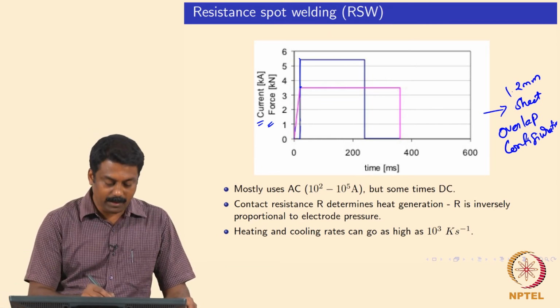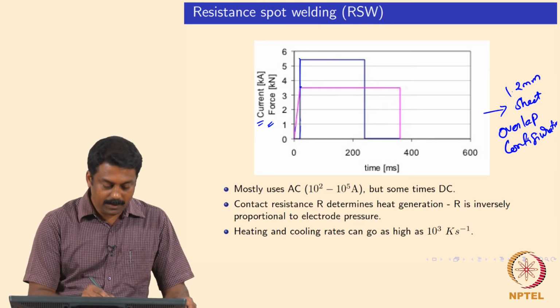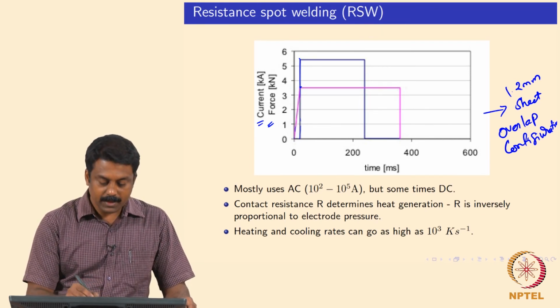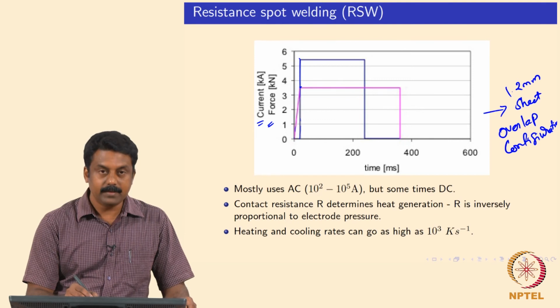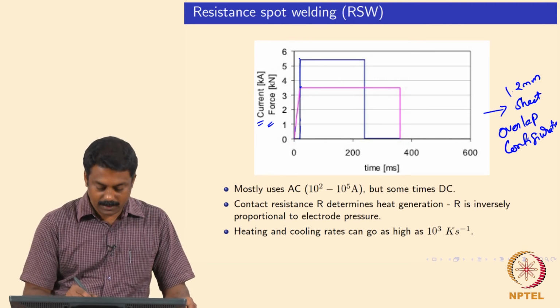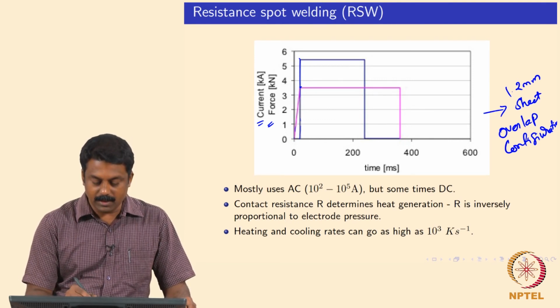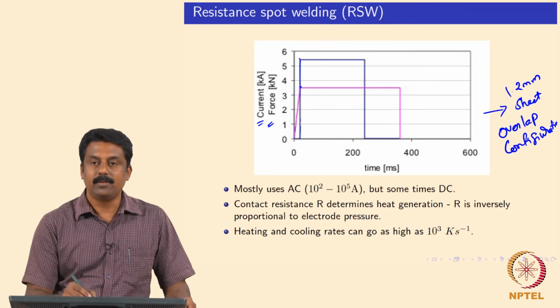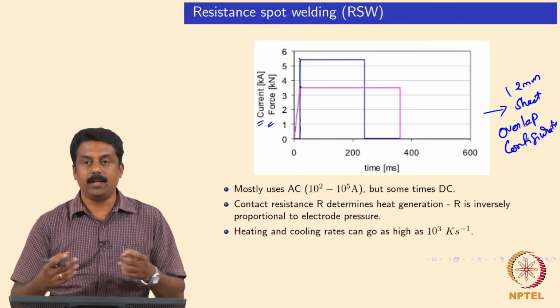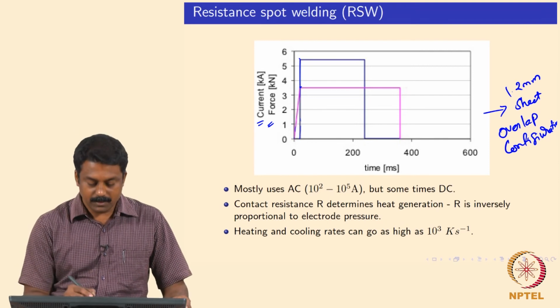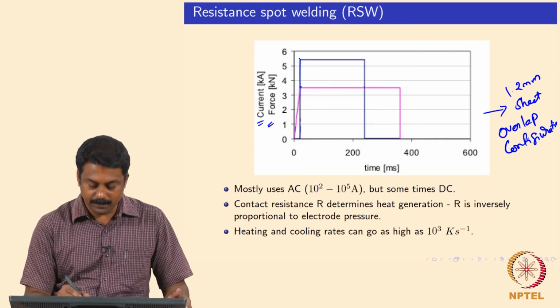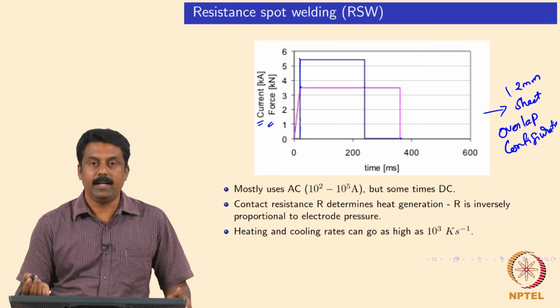So, we apply a 3.5 kilonewton load, and during this process we also apply a current of 5.5 kiloamperes, and then you decrease the current and keep the load intact for some time so that the metal solidifies. Otherwise, if you lift it, the liquid can separate out. So, you keep the load for some more time, and then ultimately you form a weld nugget.